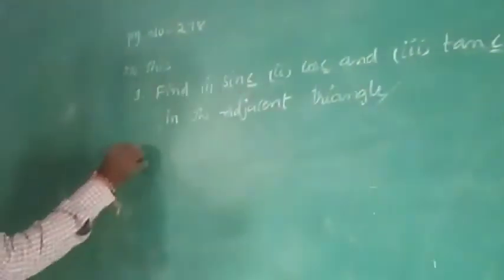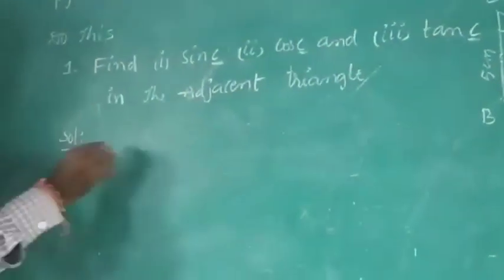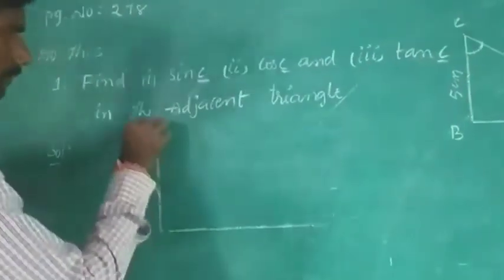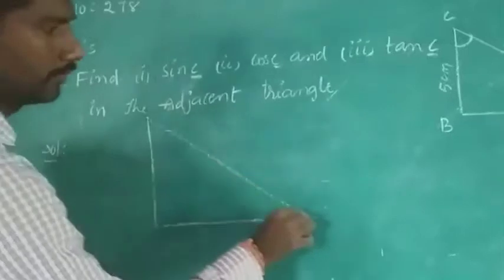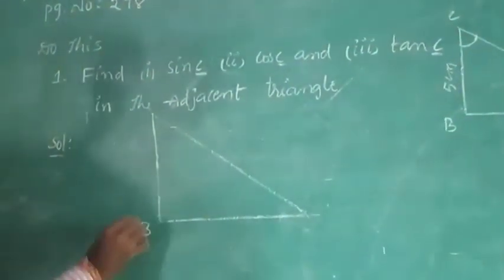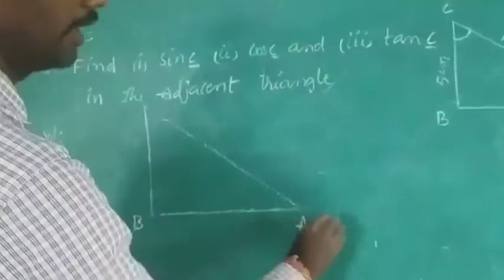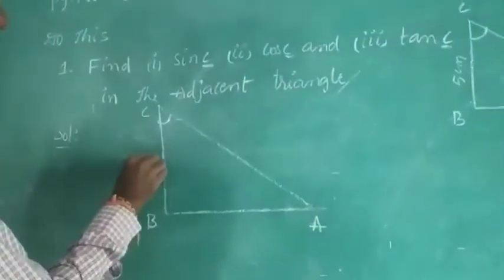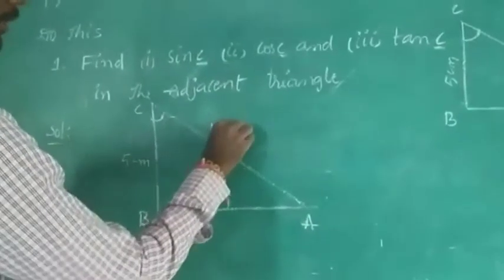So the solution I am going to explain to you. Let me draw the right angle triangle again. So B, and here is A, and here is C. Here is given 5 centimeters, here is 13 centimeters.